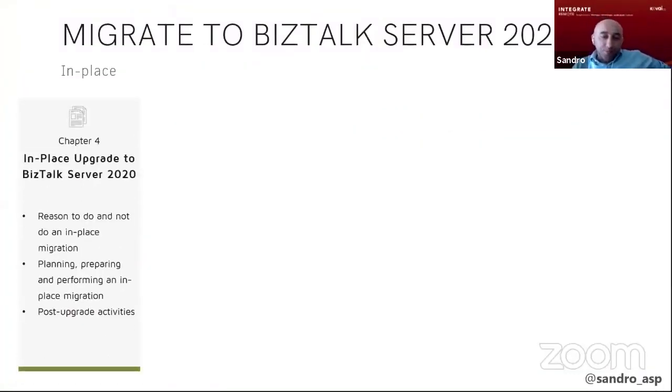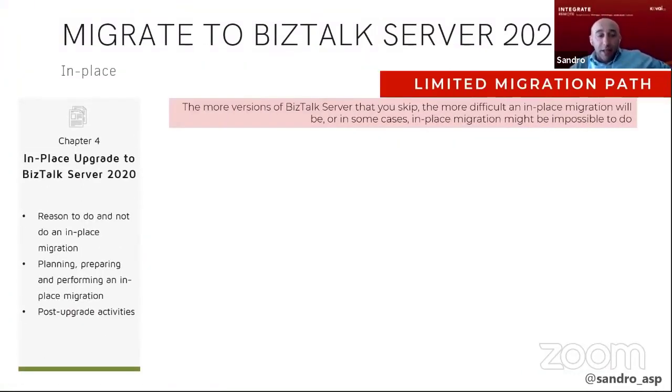In-place migration. In-place migration is possible, but it has a limited migration path. So you cannot migrate from 2020 to 2020. Basically, only a previous version can do an in-place migration.